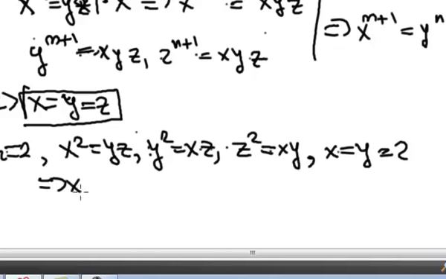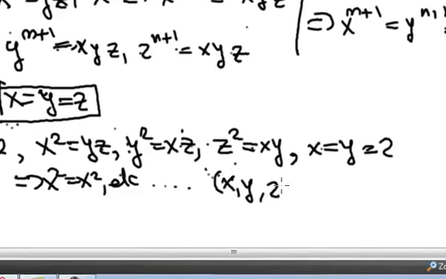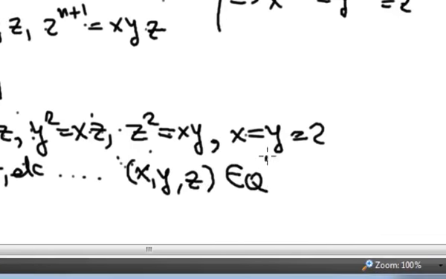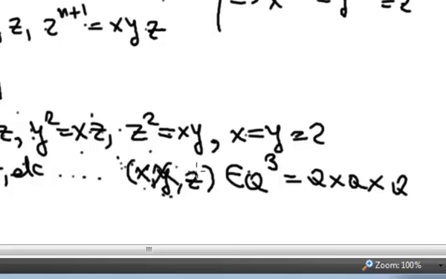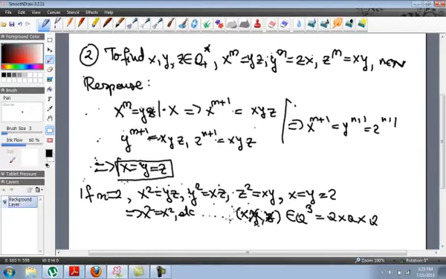So we have x squared equals x squared, etc. So for the case when n equals 2, all the triples x, y, z from the Cartesian product of sets, of the form x, x, x, are solutions, because for n equal 2 these relations are obvious.